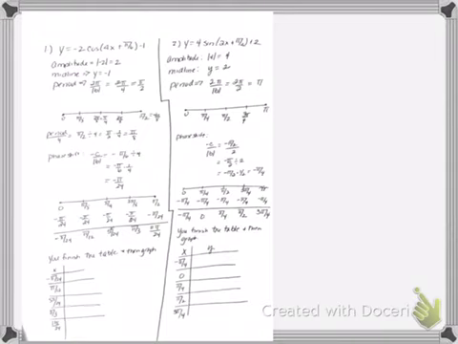The next thing to do is find your phase shift, which is negative c over the absolute value of b. In this equation, c is pi over 6, so it would be negative pi over 6 divided by b, which is 4. That's the same thing as multiplying by 1/4.